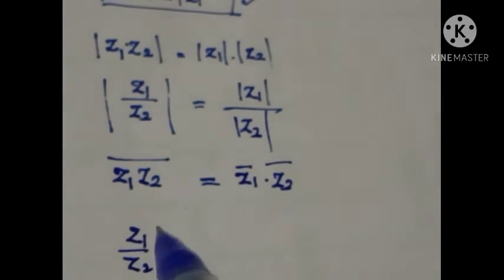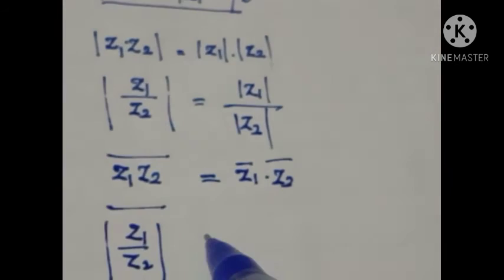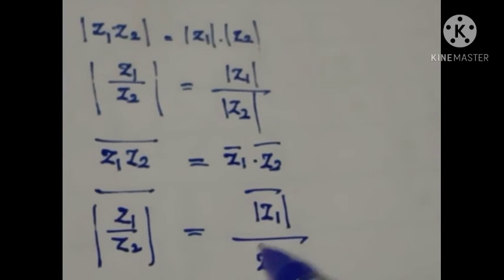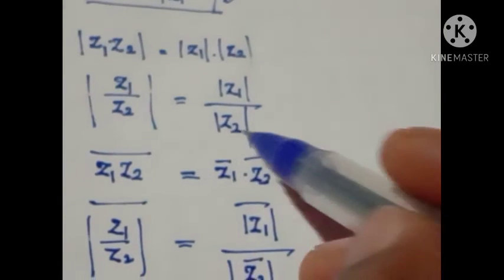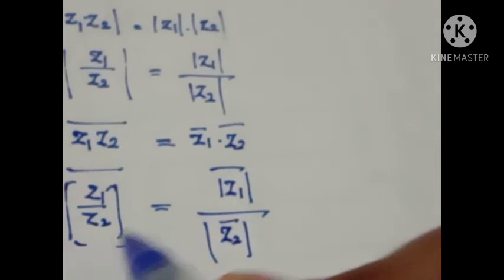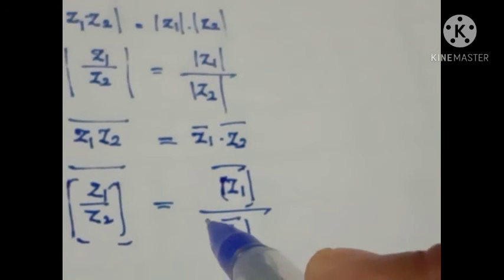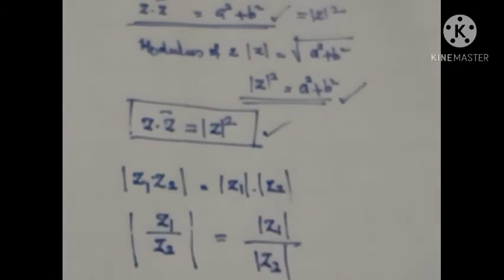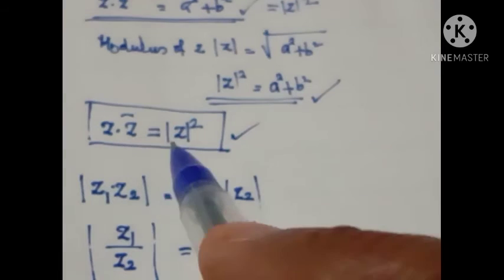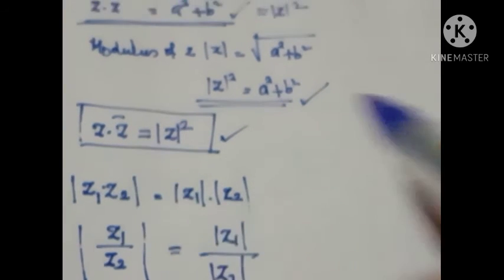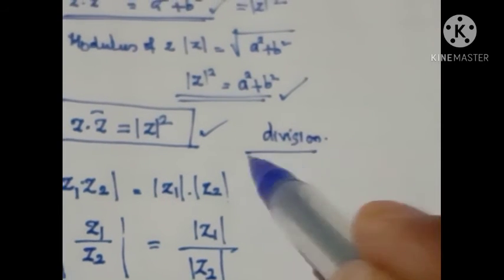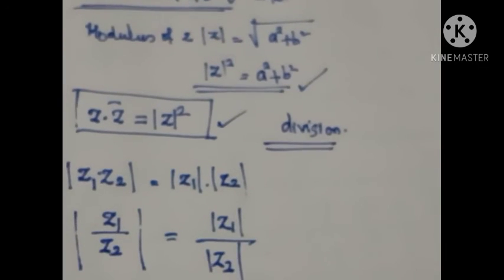(Z1 by Z2) whole bar is equal to Z1 bar by Z2 bar. All these things are noted in the notes. Go through the results. See, z into z bar equal to mod z square is very important. Using this we can find the division of given two complex numbers.